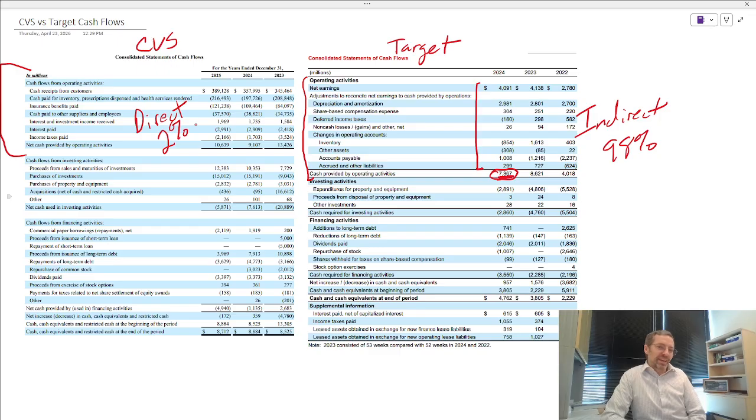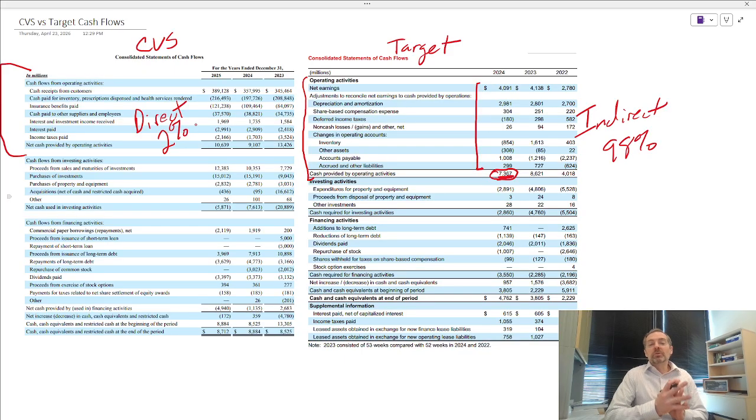And that's not it, really. It's that the indirect method is easier. The direct method is actually very difficult to put together. You have to first do the indirect method, then do a lot of other calculations to get the numbers for cash receipts from customers and do all of those different lines. So it's very difficult to do, which is why only 2% of companies take that route. And 98% of companies do the easier method, even though there's not as much good information for the investors using it.